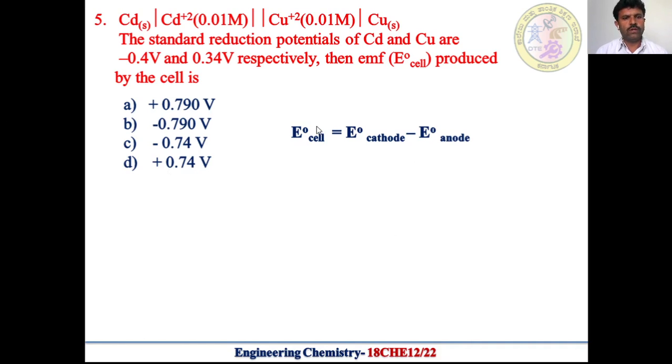We need to calculate the standard EMF of the cell, which is the standard electrode potential of cathode minus that of anode. Here the cathode is copper and the anode is cadmium. Substituting the values, we get the right answer, option D, plus 0.74 volt.